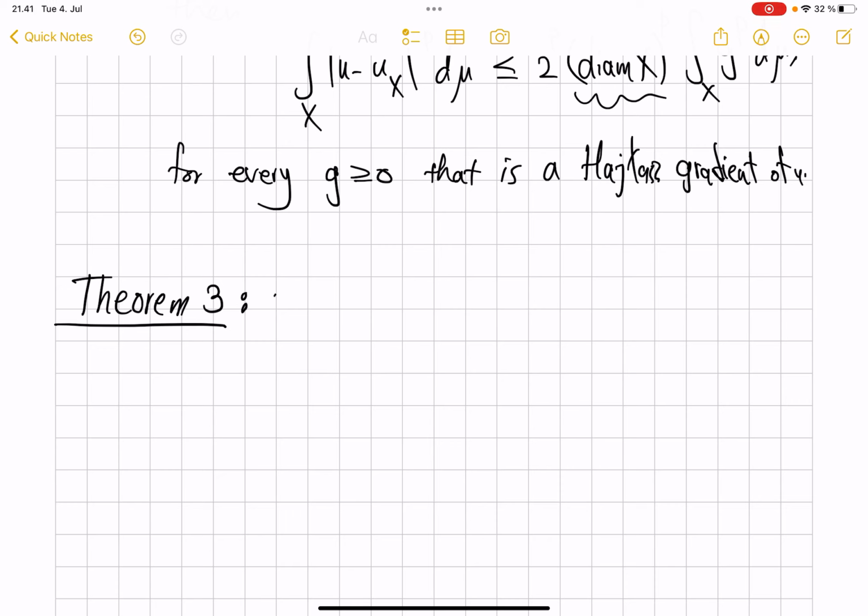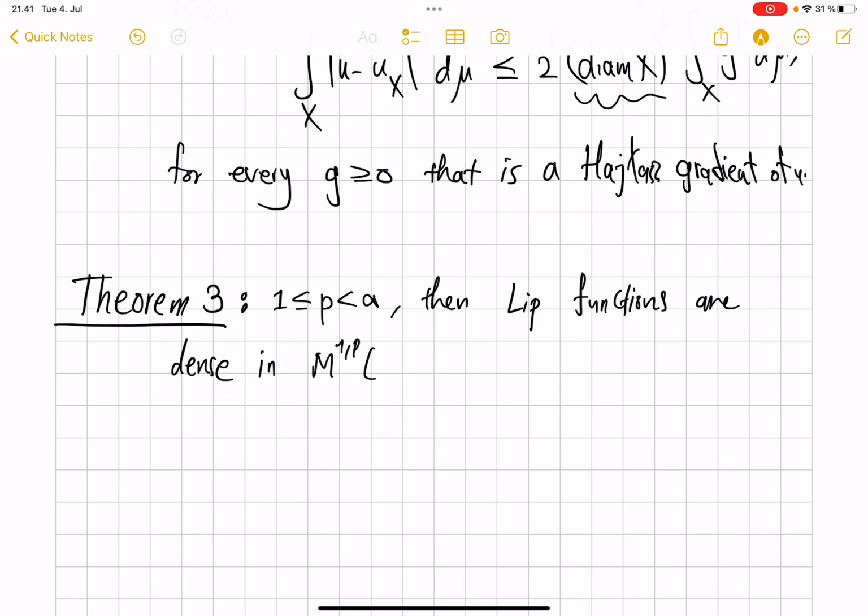So again, the range of p is p greater than or equal to 1. Then Lipschitz functions are dense in M1P of X.